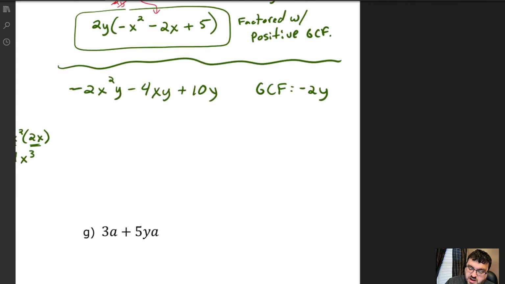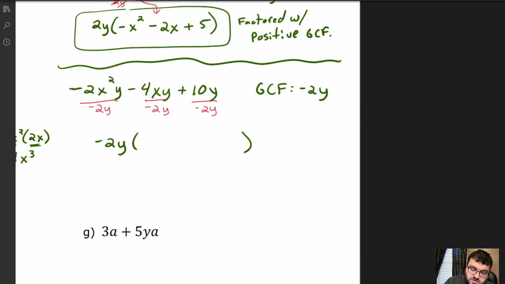So when you factor out the negative 2y, here's basically what's going to happen. We're going to have the negative 2y out to the very front, but you've got to think about you're dividing each of these terms now by negative 2y.